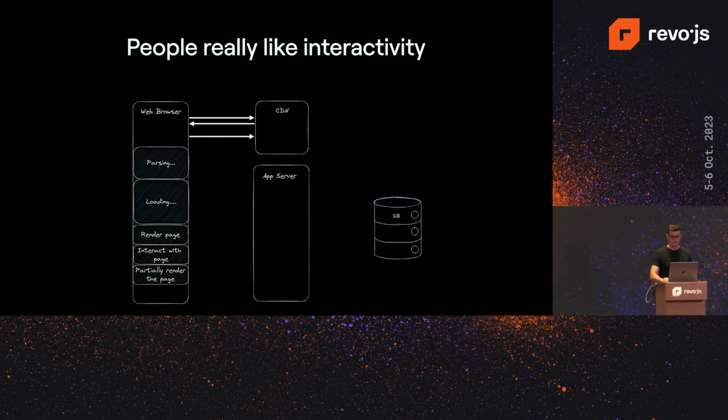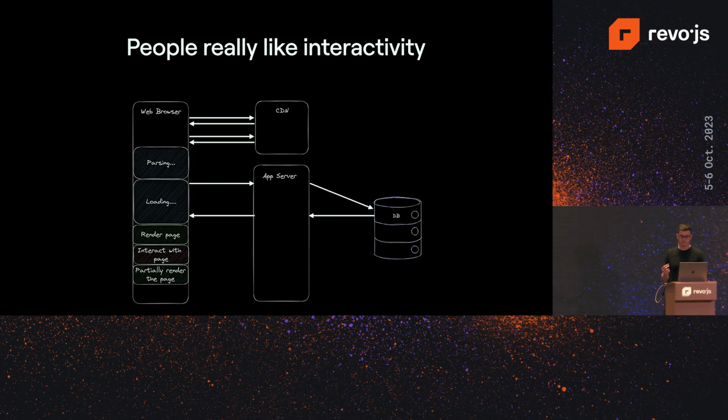Then we would load that file, send it back to the front end. The browser would have to parse that file and start loading data from the server that would go to the database and then come back to the front end, and then start rendering HTML from the browser itself.